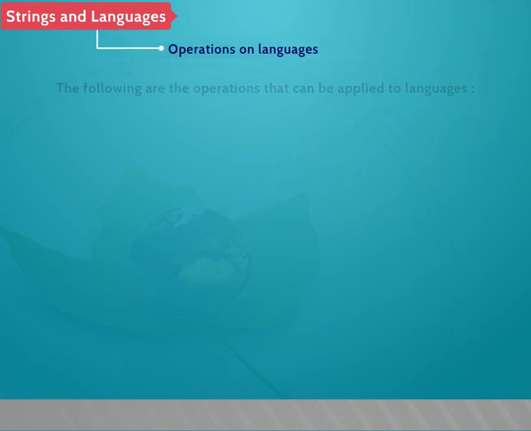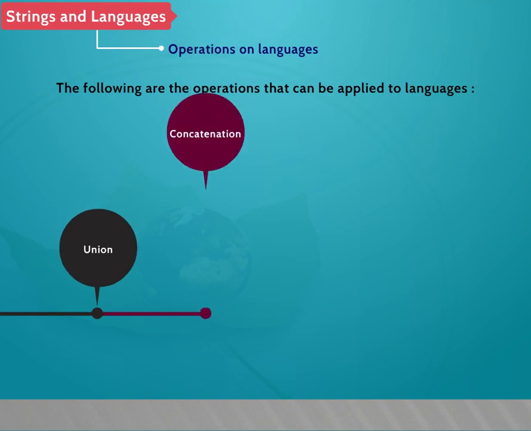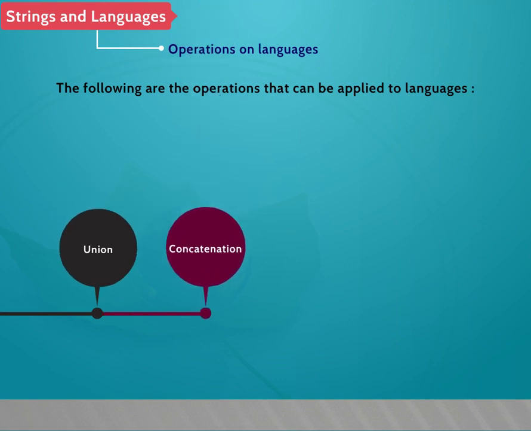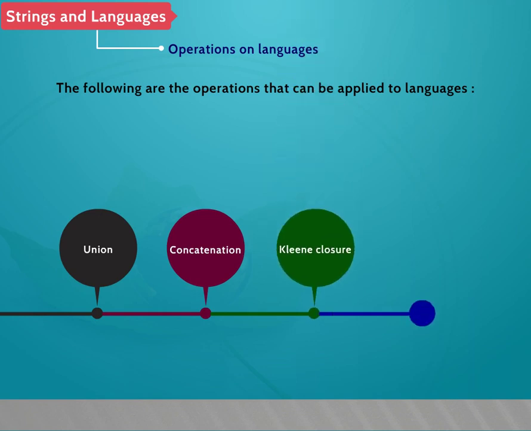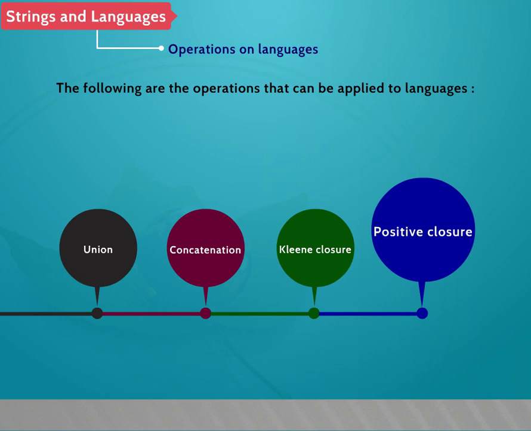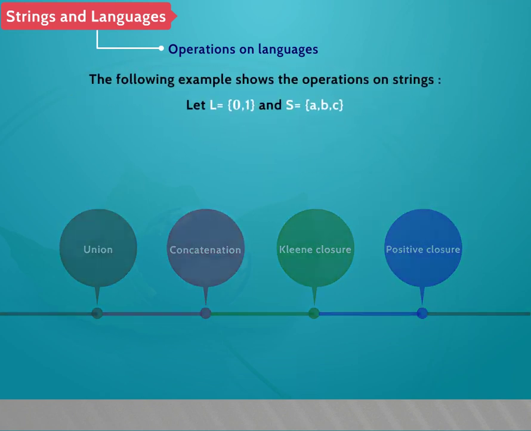Operations on languages. The following are the operations that can be applied to languages: union, concatenation, Kleene closure, positive closure. The following example shows the operations. Let L = {0, 1} and S = {A, B, C}.